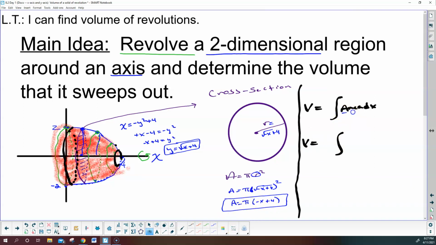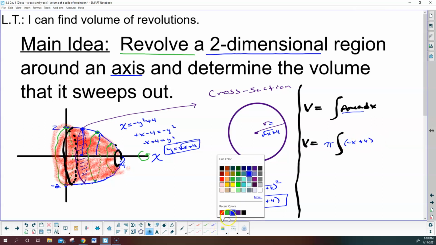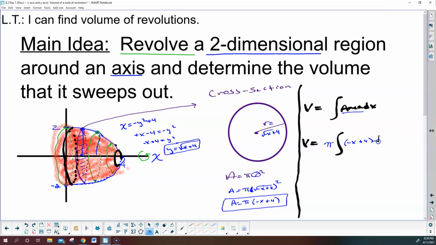The area function is pi times the radius squared, and sometimes the algebra simplifies this a little bit. Remember, pi is a constant, so it's going to float out. And then I have negative x plus 4 with respect to x. We're going to take the antiderivative with respect to x, and that is the accumulation of all the circles added up, starting at 0 to 4.